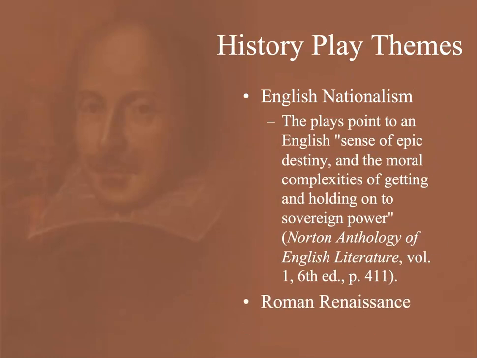When we get to the histories, there are different themes, right? The English history plays reflect the nationalism of England, particularly under Queen Elizabeth. And you'll notice that the plays point to an English sense of epic destiny, and the moral complexities of getting and holding on to sovereign power.